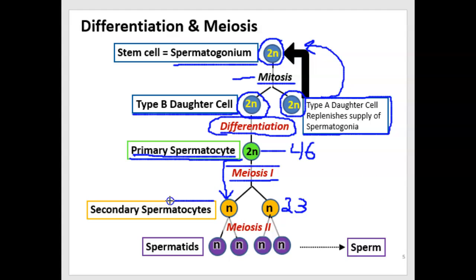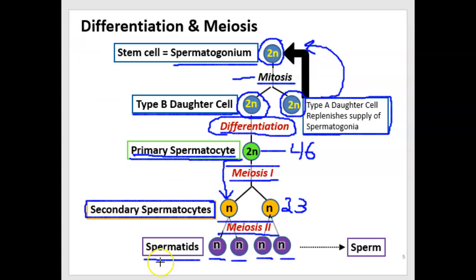These daughter cells are called secondary spermatocytes, and those two daughter cells will undergo the second division of meiosis, called meiosis 2, and during meiosis 2, sister chromatids separate. The products of meiosis 2 are called spermatids, and they are also considered haploid.